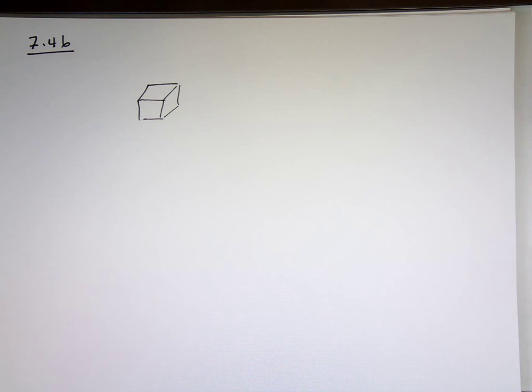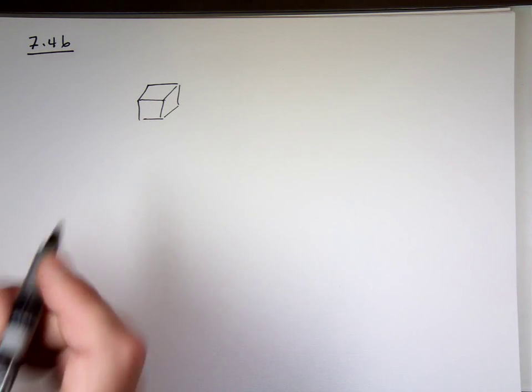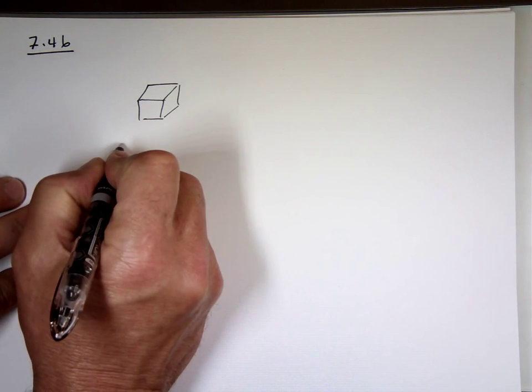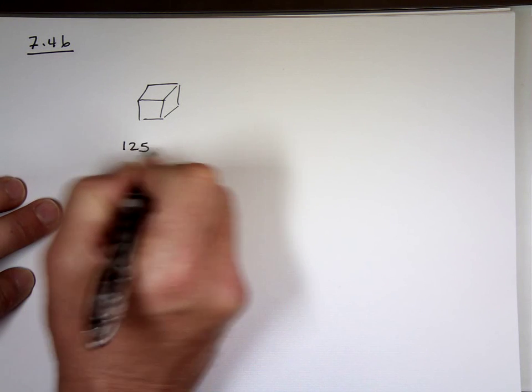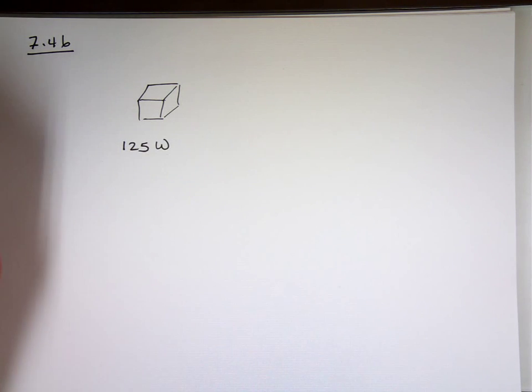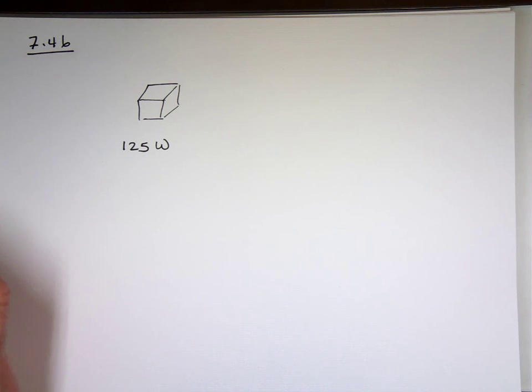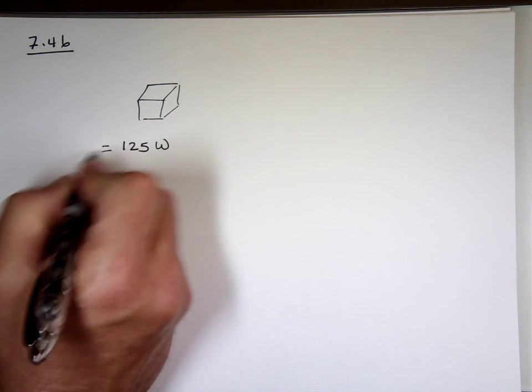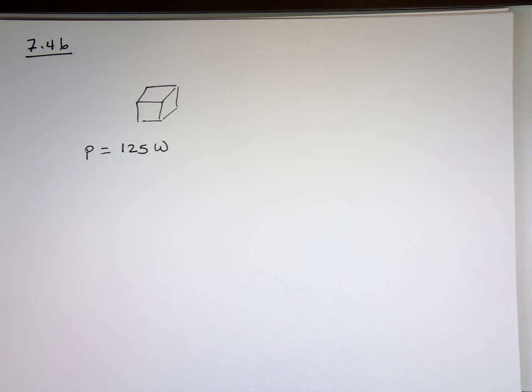Suppose that the oven delivers, here we go, 125 watts. That watts, that tells you, what is that? Is that energy or power? That's power. If it was energy, it would be in joules. To the ice cube, and that it takes what?